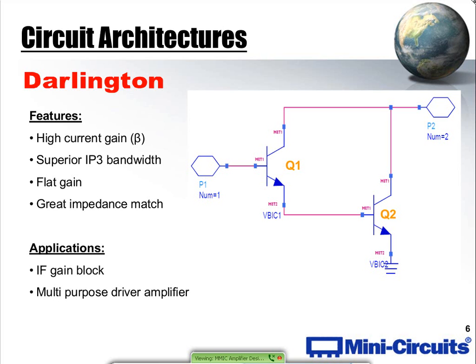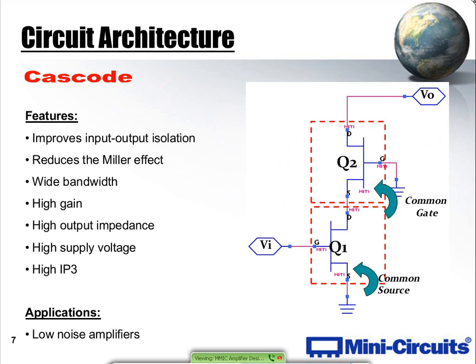Usually, and we don't show it here, there are bias resistors that go into the base or the gate circuit, and those bias resistors give some benefits of creating a feedback path to flatten the gain, but they also have negative effects on noise figure. So this is not an approach that we're using for our ultra low noise designs.